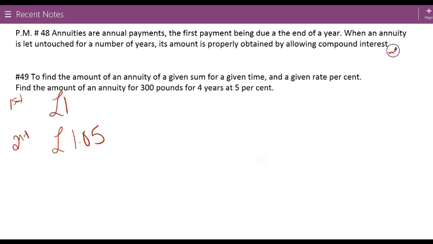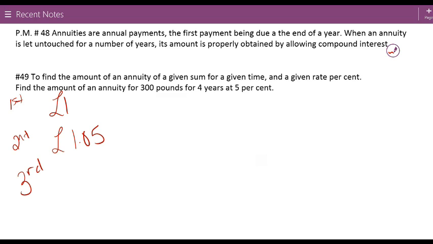1.05. The third year, now we need to find the interest on this, and going back from our compound interest, we're going to multiply this value, 1.05, times 1.05, because we're taking all of the value we have plus another 5%.